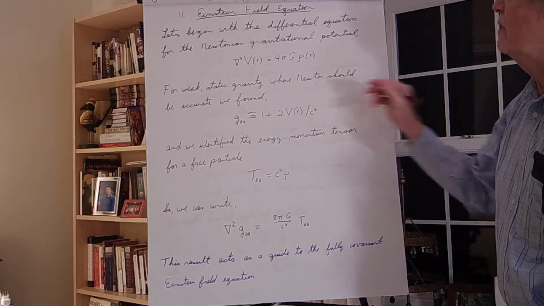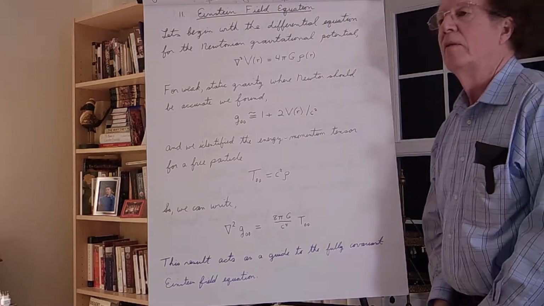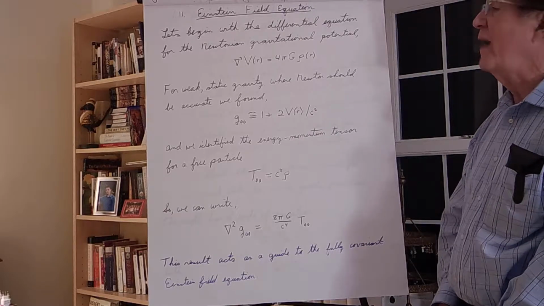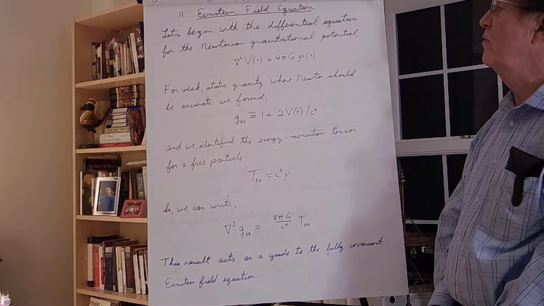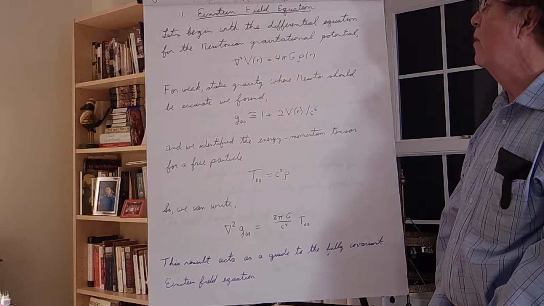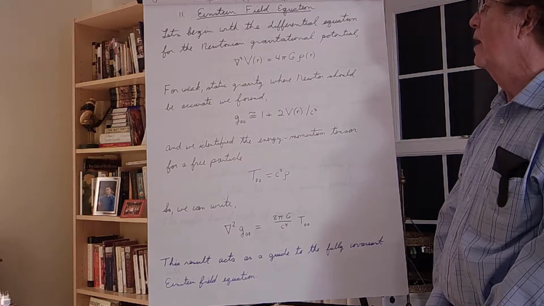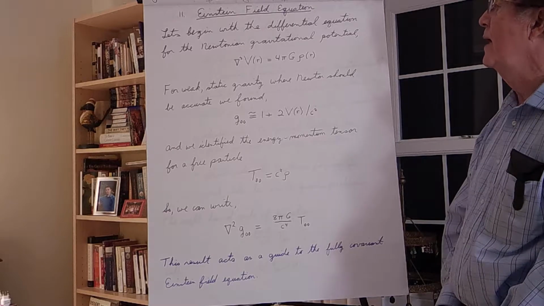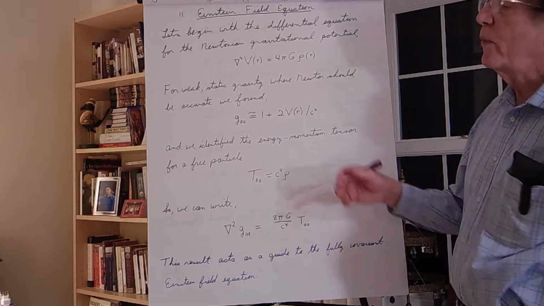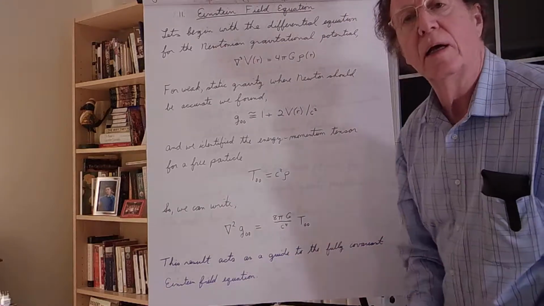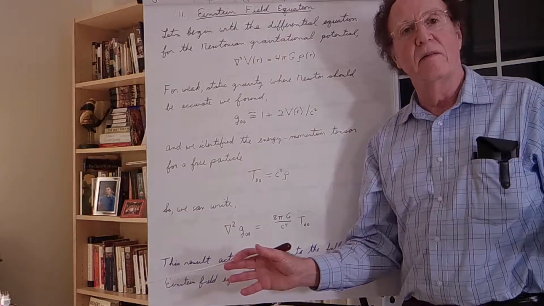This is just a differential expression of the more familiar fact that if you're outside a mass point, the potential falls like 1 upon r, and is proportional to the mass of the point and proportional to the Newtonian constant G.